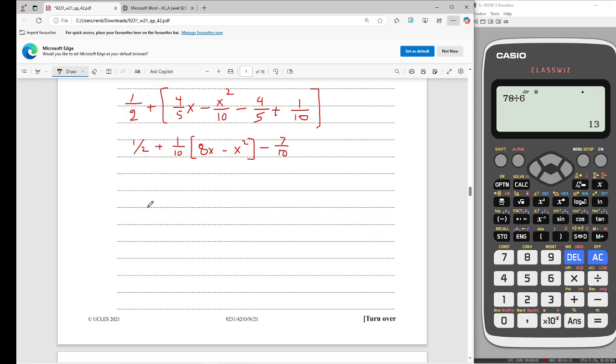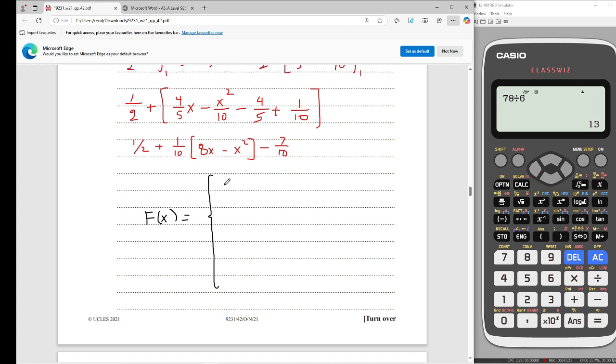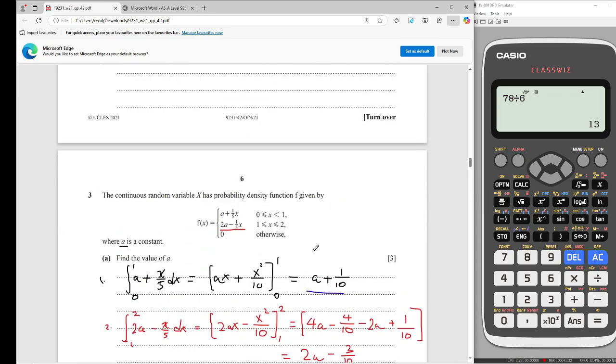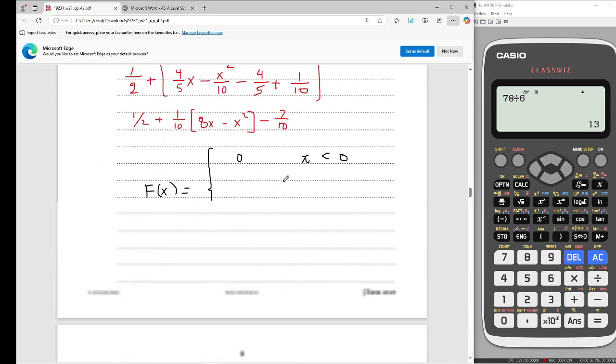So the CDF is always written in capital F of x. So F of x is equal to, now let's just put in our entire big bracket. We're going to have 0 when the range of x is lower than the lower limit of the first function. It was 0. This is the range that you need to know.